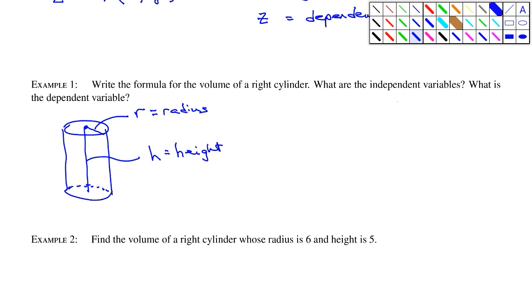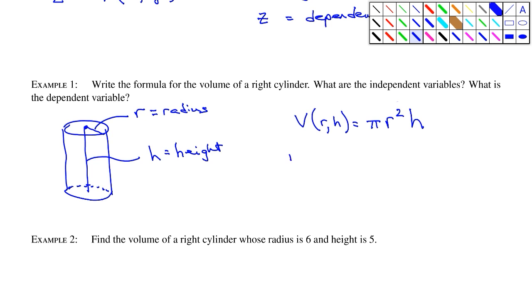You may know that the volume of a right cylinder is pi r squared times h. But now if I want to put that into function notation, we're going to say v of r comma h is equal to pi r squared h.